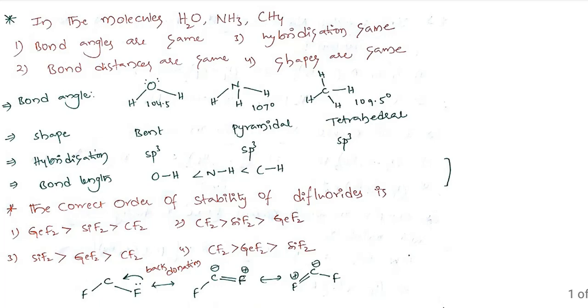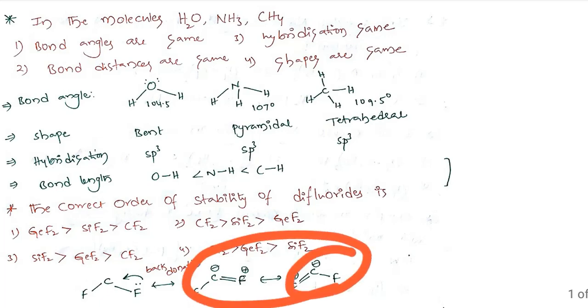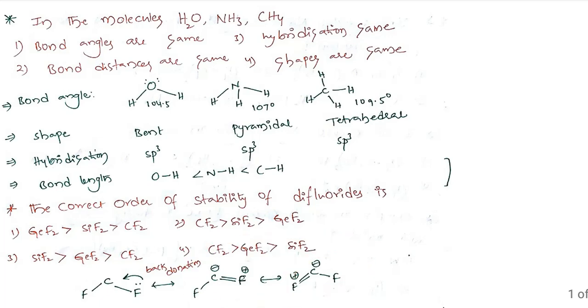Okay, so here is a formation of a double bond like interaction between carbon and fluorine, and here you can see the resonance stabilization. That means the charge stabilization can be observed. So that's why CF2 has the greatest stability when we compare with silicon difluoride, followed by germanium difluoride. Okay, so the second order is the correct one for the given problem.